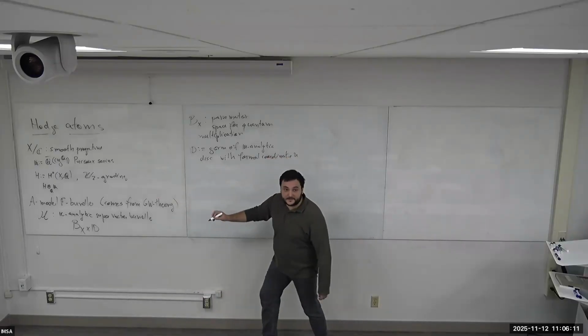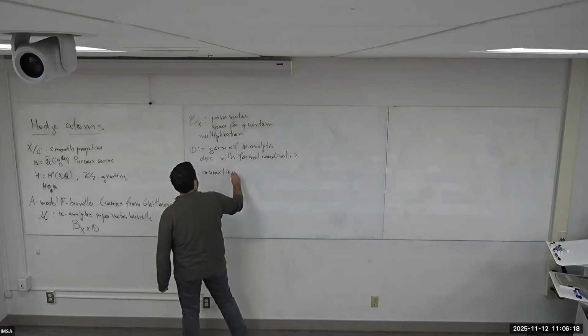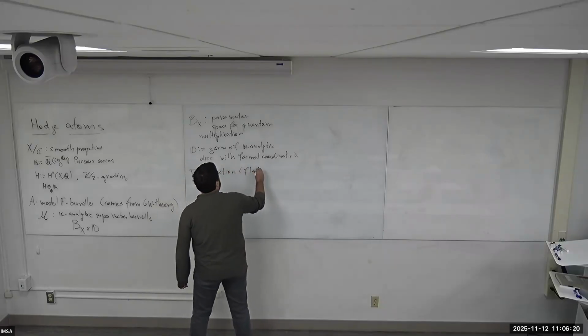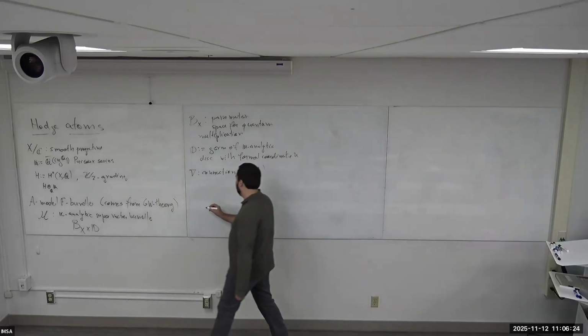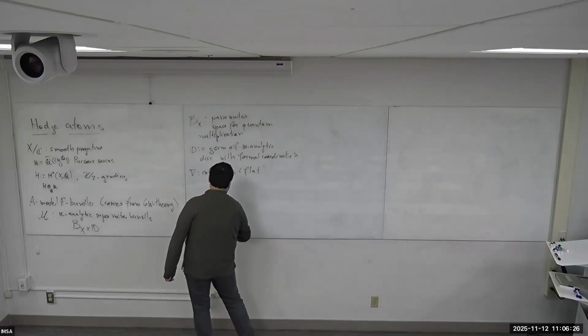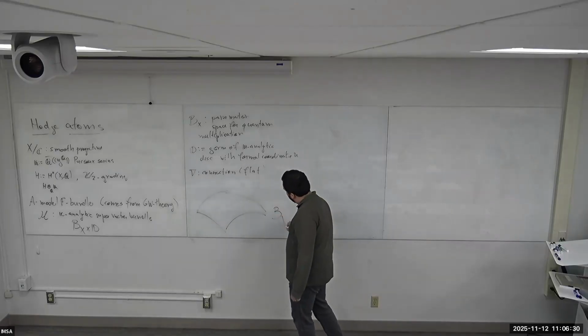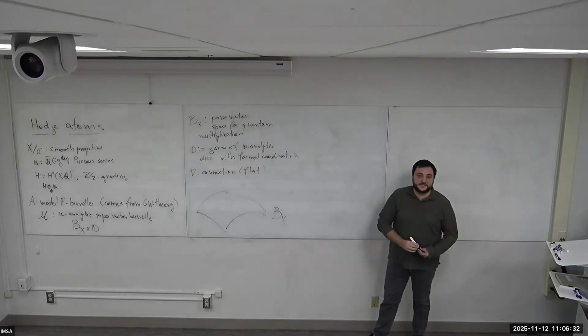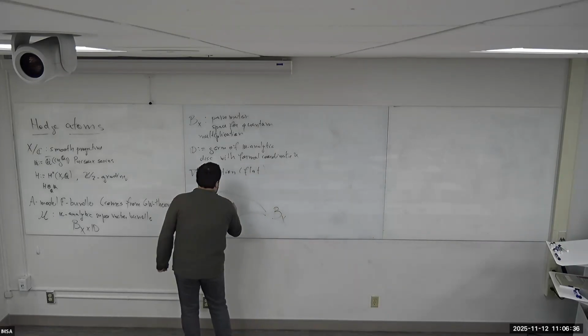And of course, all this data had a flat connection, possibly with some pole when t equals 0. So the residual quantity that you have out of this was the super manifold. That is, if you think that this is the parameter space to your quantum multiplication, so which choice of point here?